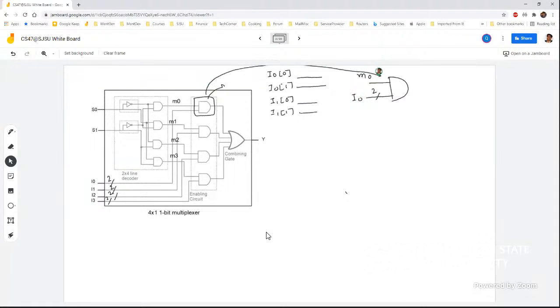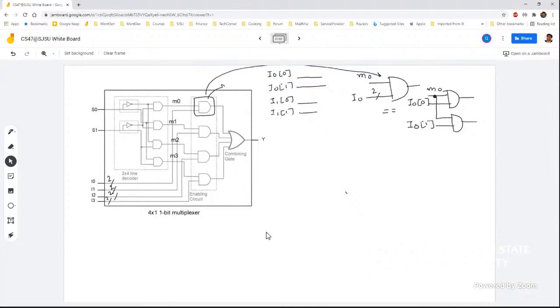This really means we have two AND gates: one driven by the same M0, and the other driven by each individual bit of I0.